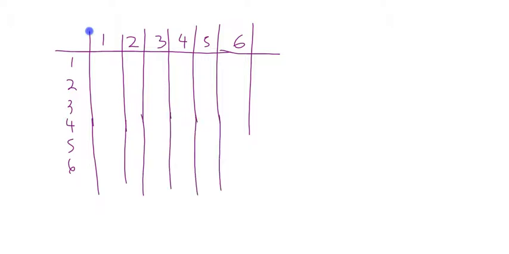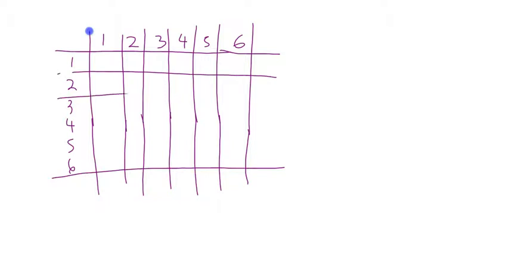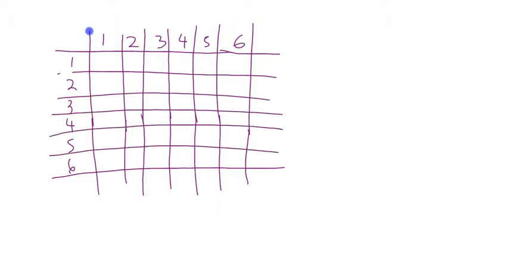Extend this down and draw this across. We'll call this first die, second die, and we're interested in the sum of two dice.